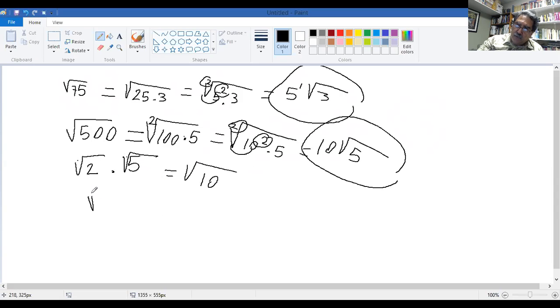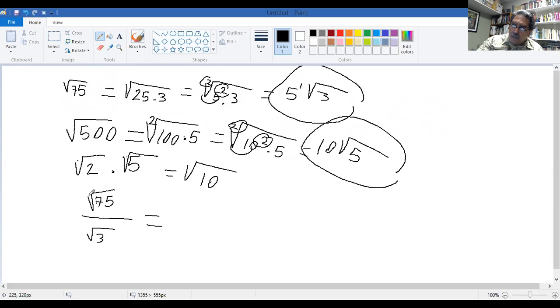We have square root of 75 divided by square root of 3.